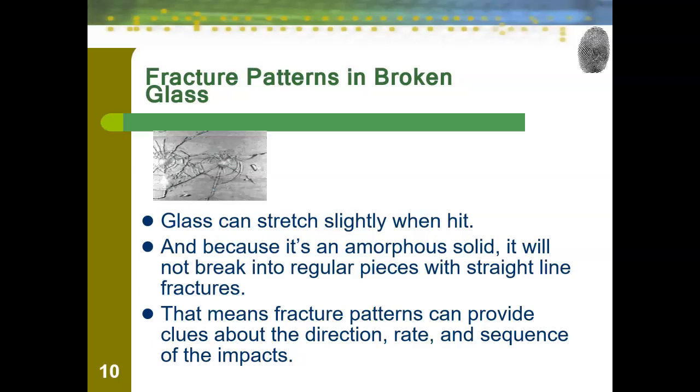And because it's an amorphous solid, like we talked about previously, it's not going to break into regular pieces with straight line fractures. It's going to provide these seemingly random fracture patterns, but to a forensic scientist, they mean something. And we can figure out the direction that the hit came from, the rate that the hits occurred at, as well as the sequence of impacts from looking at a piece of broken glass once we've either reassembled it or if it stayed together.